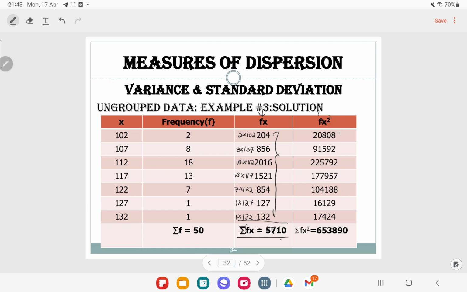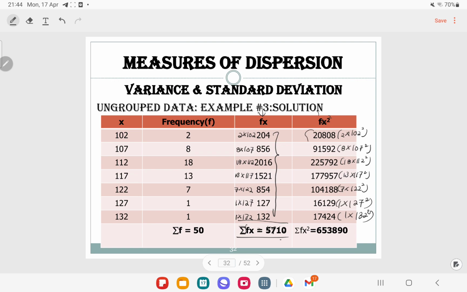So here it comes from 2 multiply with 102 squared, then 8 multiply with 107 squared, and then 18 multiply with 112 squared, 13 multiply with 117 squared, 7 multiply with 122 squared, 1 multiply with 127 squared, and then 1 multiply with 132 squared.